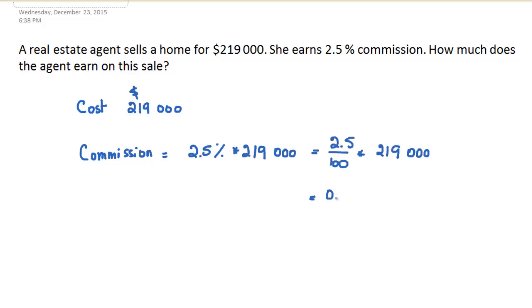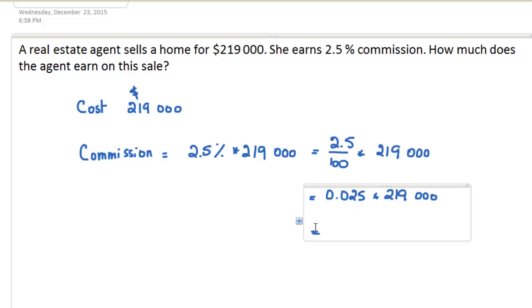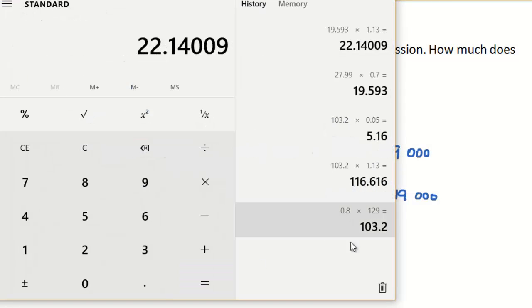So it's going to be 0.025. Why? Because I'm moving the decimal point 2 steps to the left. So 1, it was here, 1, 2 times 219,000.